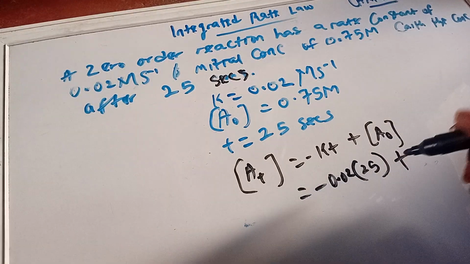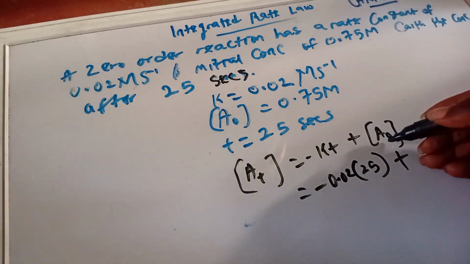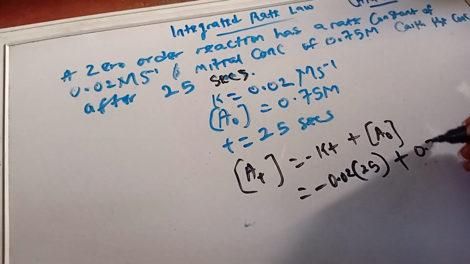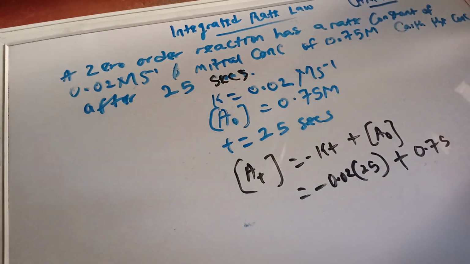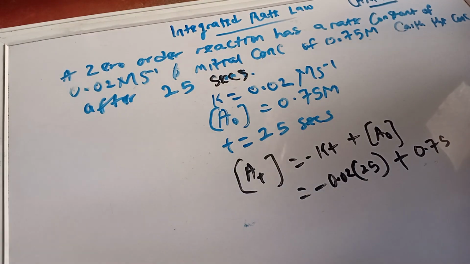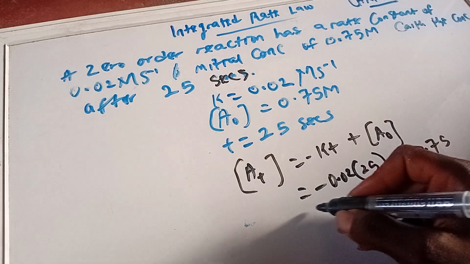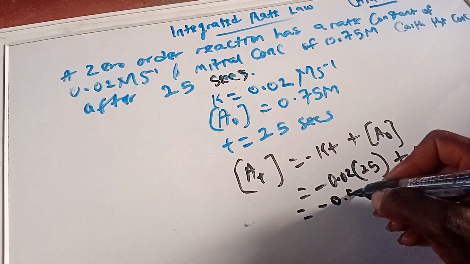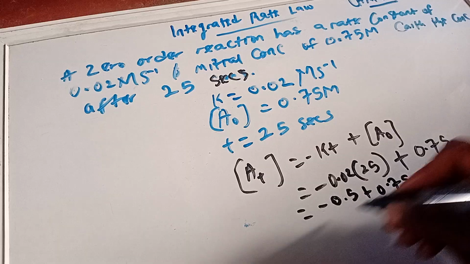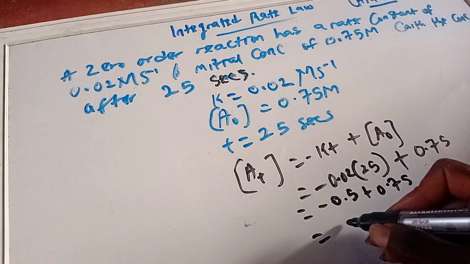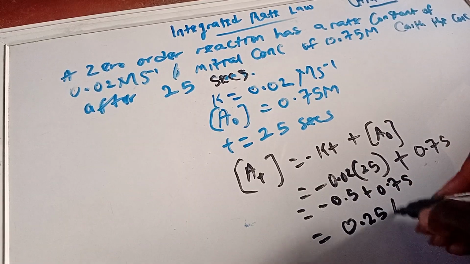Plus what's our initial conc? 0.75. So now it's 0.02 times 25, that's 0.5. So this one gives us minus 0.5 plus 0.75. So what do we get at the end of the day? This one gives us 0.25 big M.